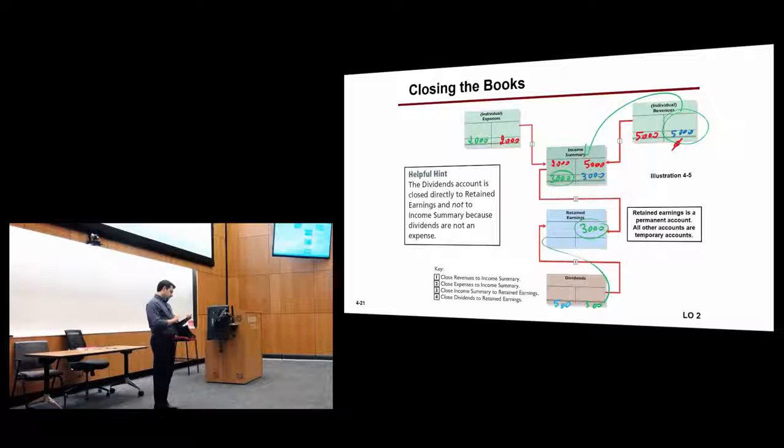So you debit 500. The ending balance for retained earnings is, this is the ending balance. And remember, this is a permanent account. What does it mean? On the balance sheet, it will show that this is the balance of retained earnings.